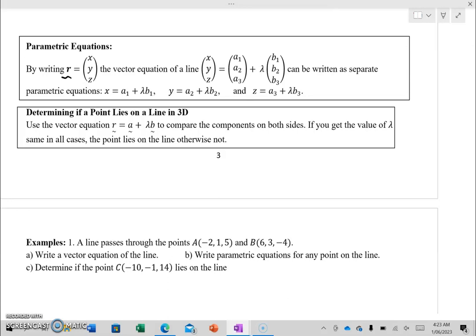They're parametric equations, and the parameter is lambda. To determine if a point lies on a line in 3D, use the vector equation to compare components on both sides. If you get the value of lambda the same in all cases, the point must lie on the line, otherwise it does not. So you substitute in the point and you should get the same lambda value.